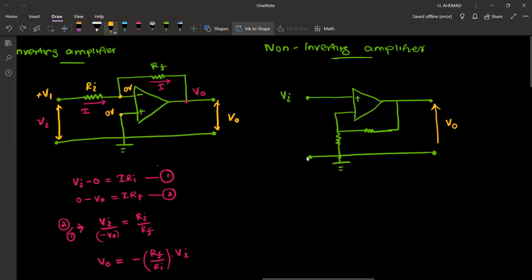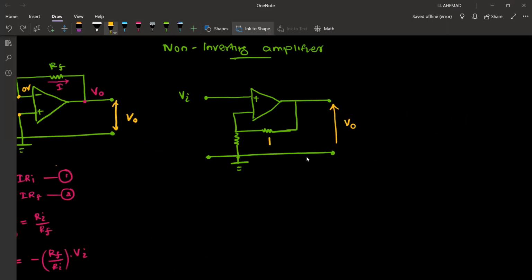So here again, this is RF, and I'll consider this one to be R. Again, it is in negative feedback and closed loop. Therefore, the golden rules are applicable. In the golden rules, they say the potential difference between these two terminals is 0. This has a potential of Vi. Therefore, over here also we have the same potential Vi.